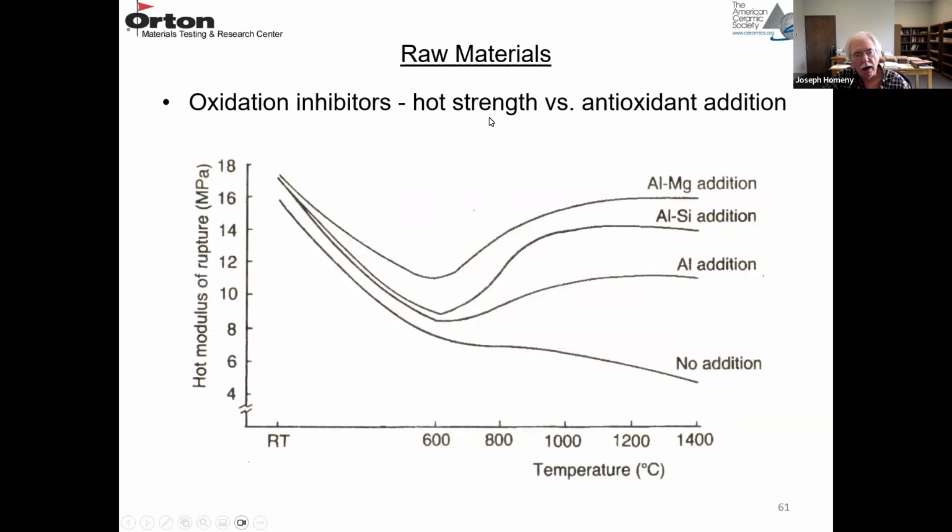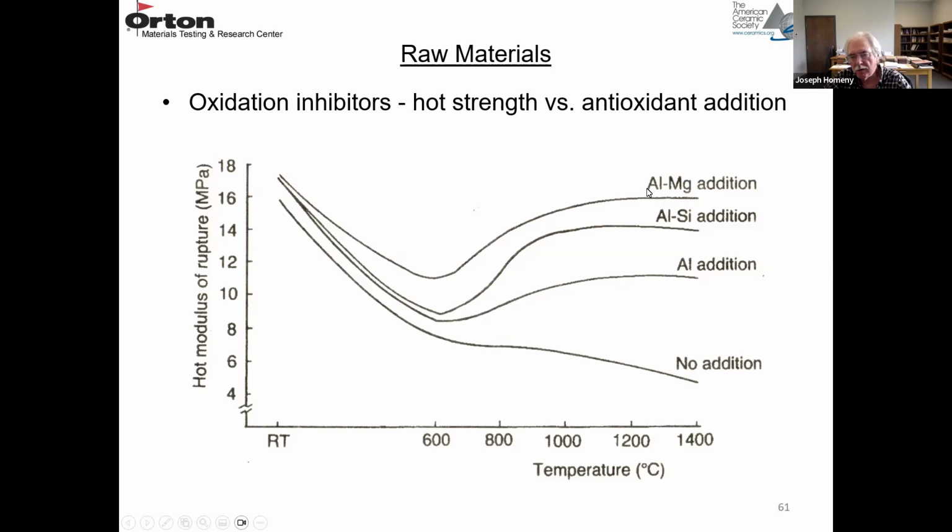And this is a plot of hot strength versus the different types of antioxidation agents. So hot modulus of rupture in megapascals versus temperature in degrees C. The first or bottom graph here is without any additives. So they all show a strength loss because you're pyrolyzing the phenolic resin. But the ones with the additives, you can see the strength starts going up as they react.